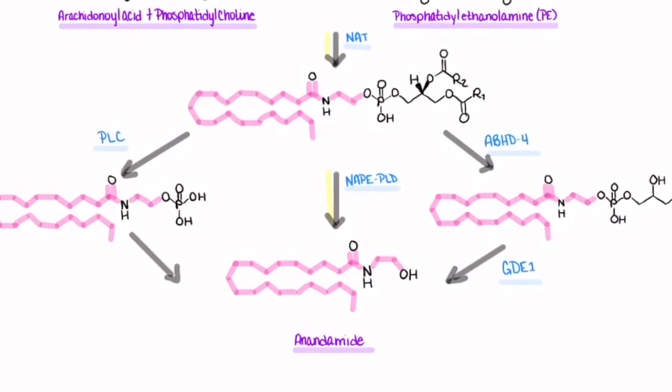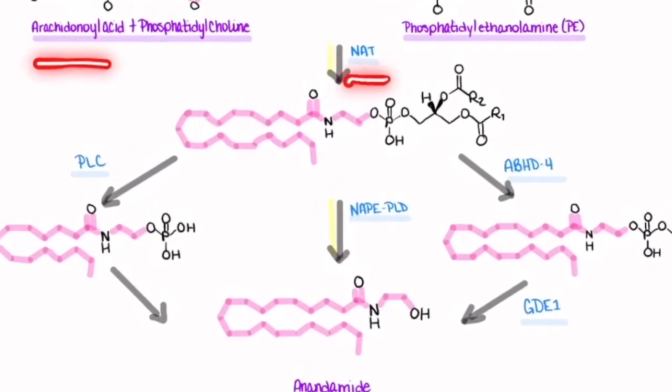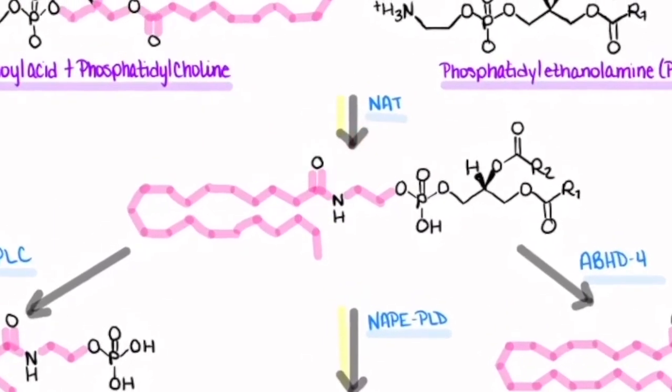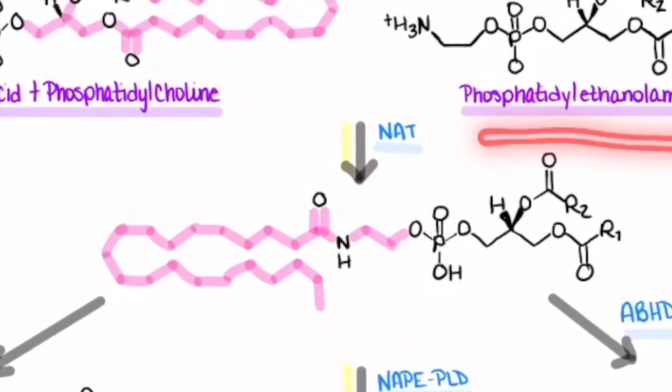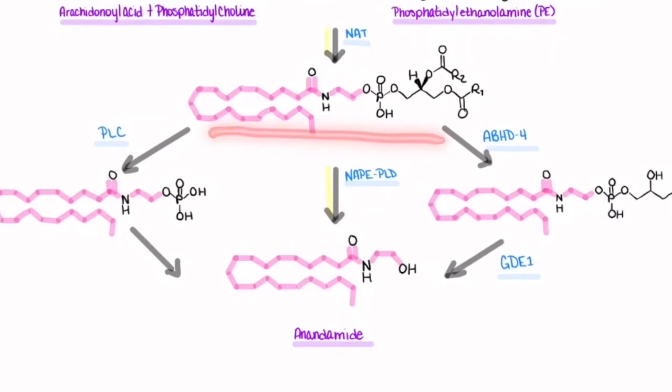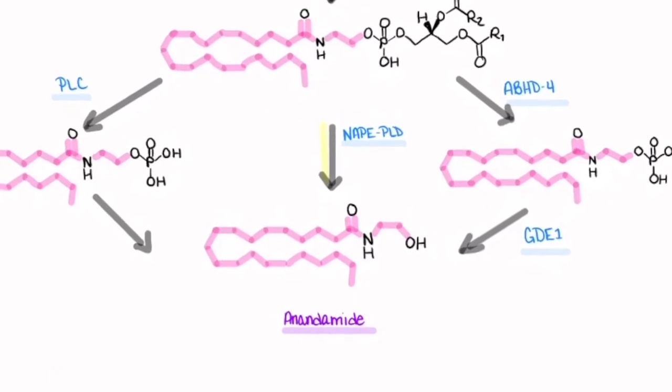NAPE is formed when NAT catalyzes the transfer of arachidonic acid from phosphatidylcholine to phosphatidylethanolamine. Anandamide is formed when NAPE-specific phospholipase D, also known as NAPE-PLD, hydrolyzes NAPE. Hydrolysis of NAPE forms anandamide.